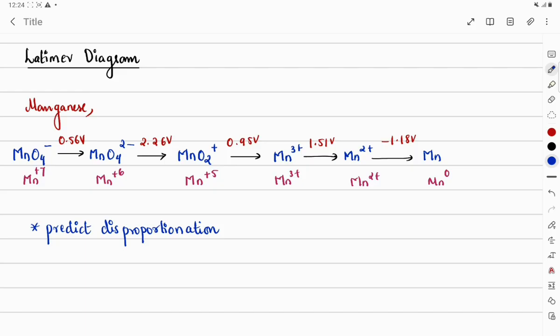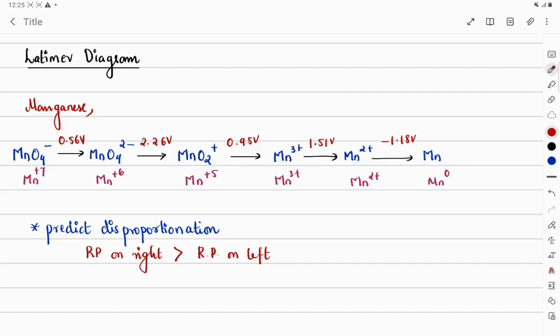If you check their Latimer diagram, and if they have the reduction potential on right side greater than the reduction potential on left side, in all those scenarios that particular species can disproportionate.